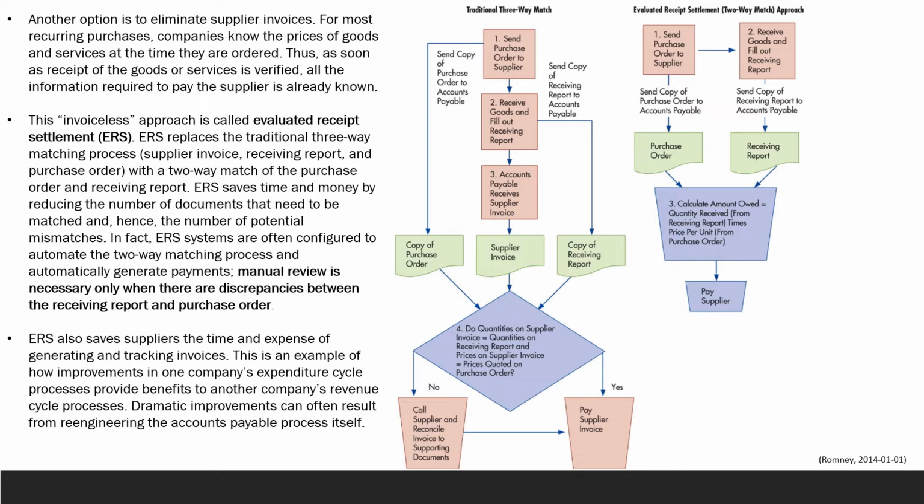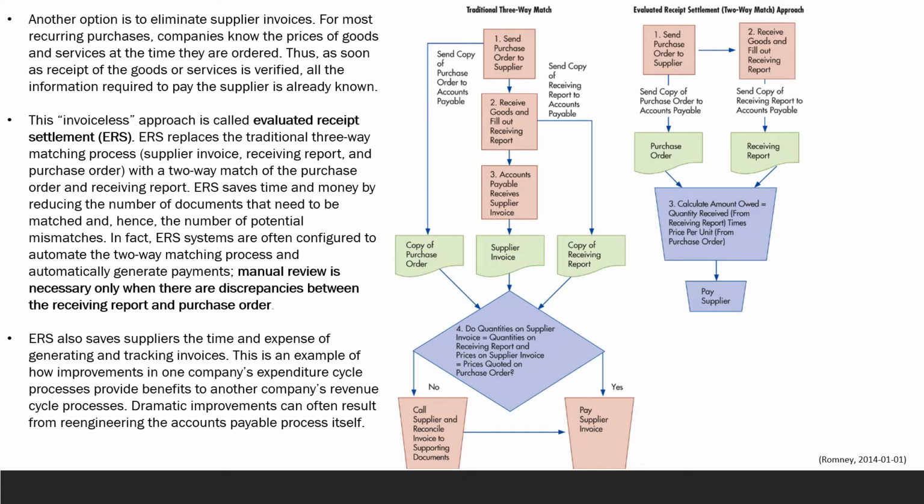ERS replaces the traditional 3-way matching process, which is supplier's invoice, receiving report, and purchase order, with a new 2-way match of the purchase order and receiving report. The ERS saves time and money by reducing the number of documents that need to be matched and hence the number of potential mismatches.